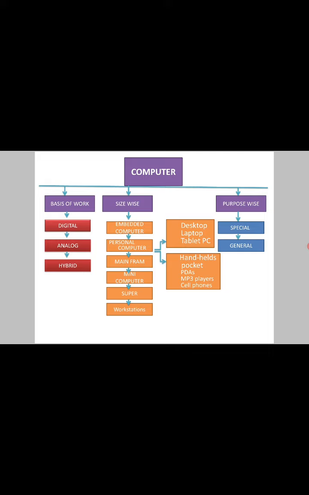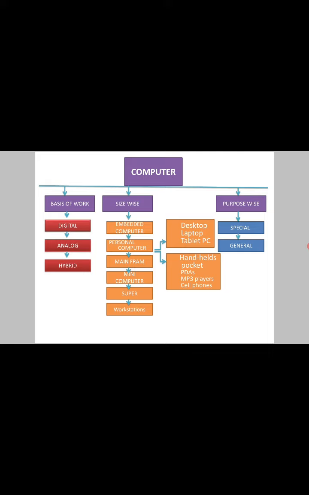Generally analog computers are used in special equipment. For example, to measure the temperature in some plants, or temperature in thermometers, like that. All medical equipment generally comes under analog computers.